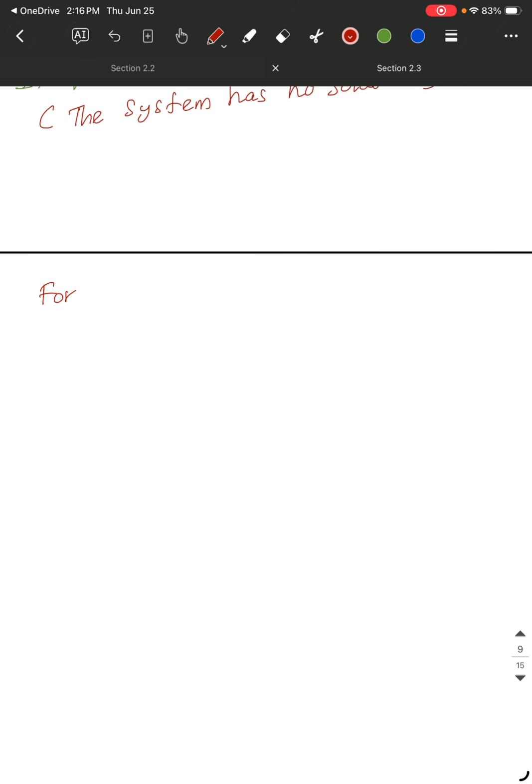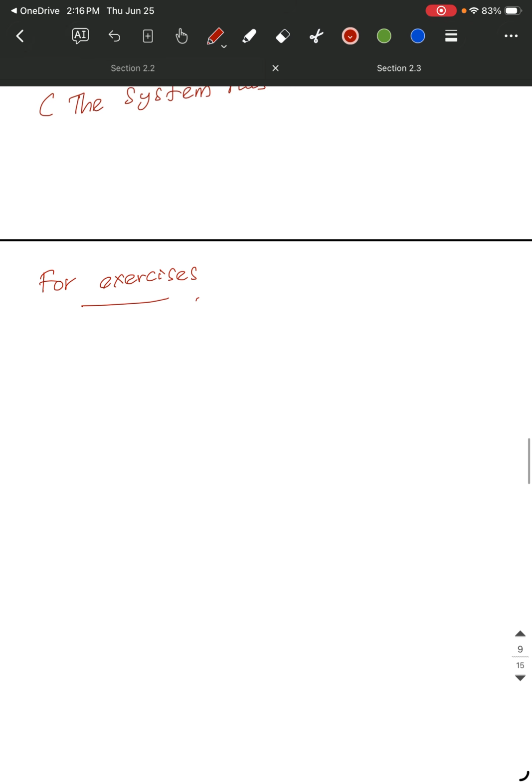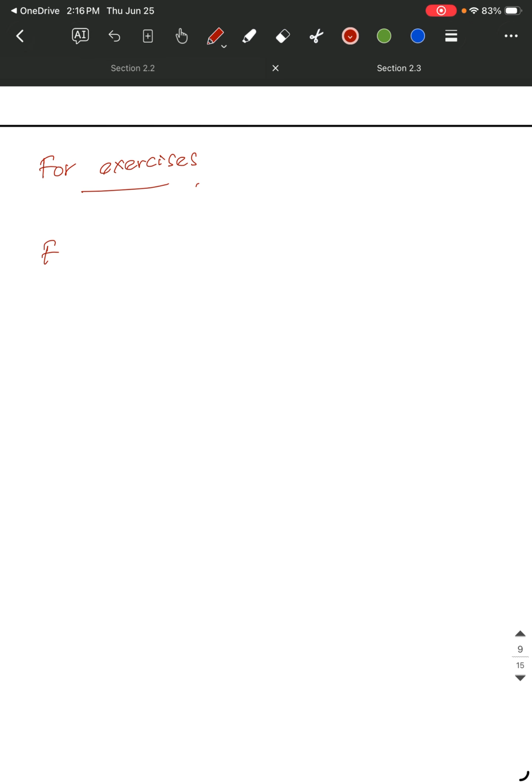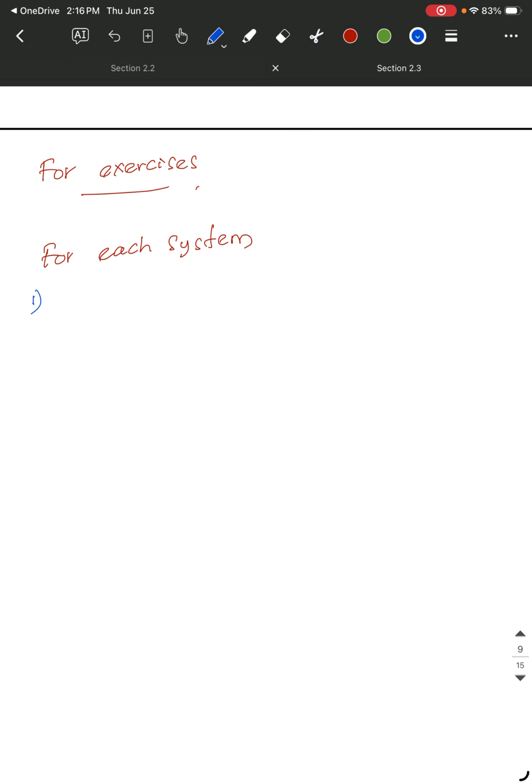For exercises, for each system, first write the augmented matrix. Second, perform the Gauss-Jordan elimination method.